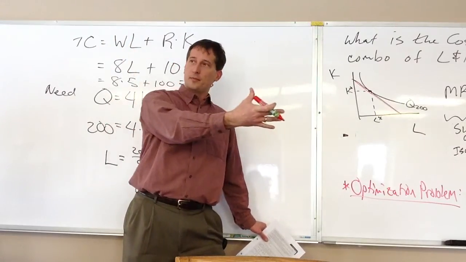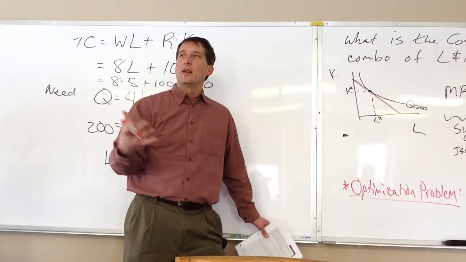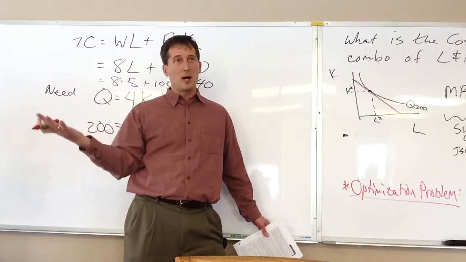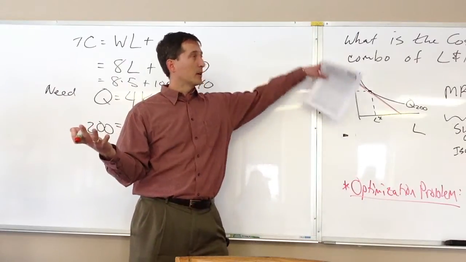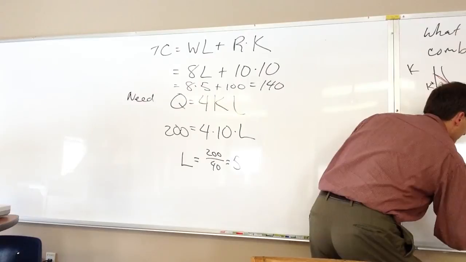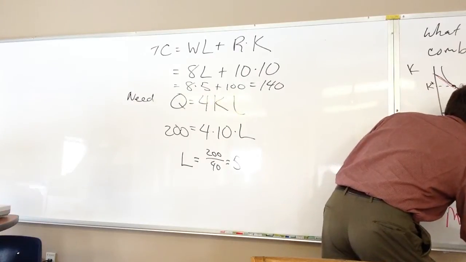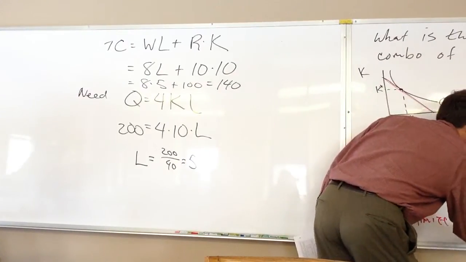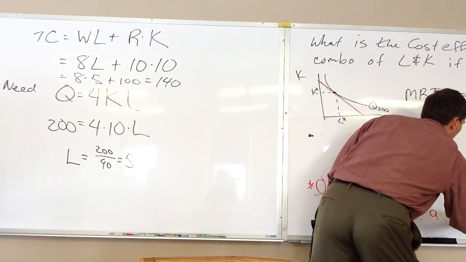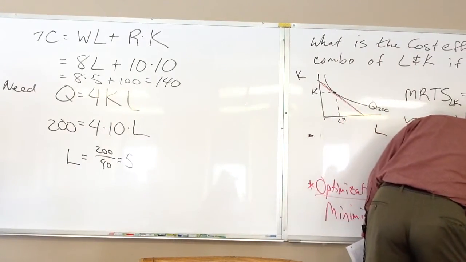Now I've got a business mind on. Eventually we're going to get to maximizing profits, choosing an optimal quantity. Here we're looking at minimizing cost, minimize total cost subject to a quantity constraint.